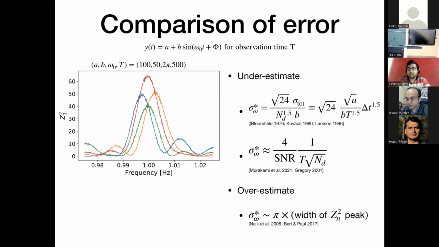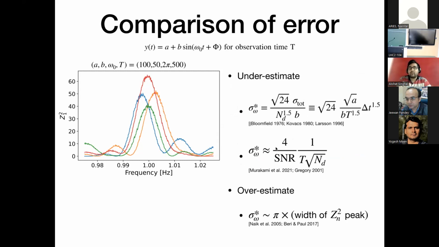In the literature, you see similar formulas which belong to the family of curve fitting routines. You have Bloomfield and Kovacs and many other routines available. I will not go into the details of what each term means, but basically these all belong to a similar family of curve fitting error.